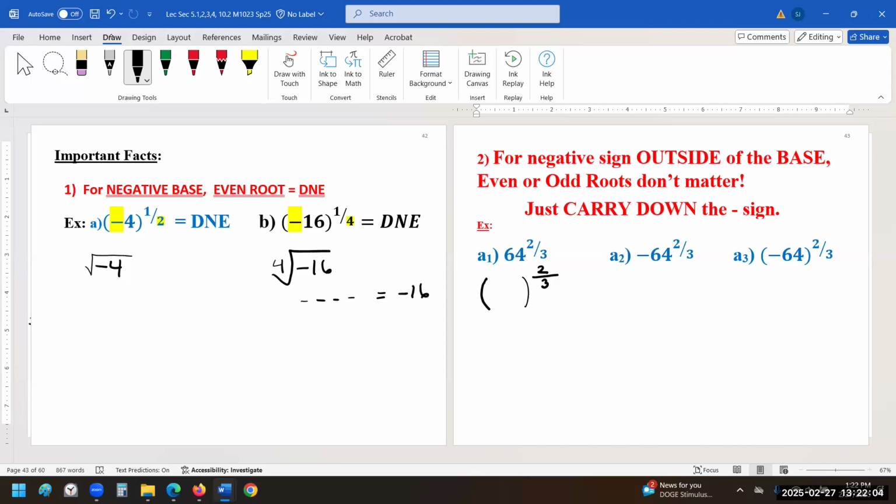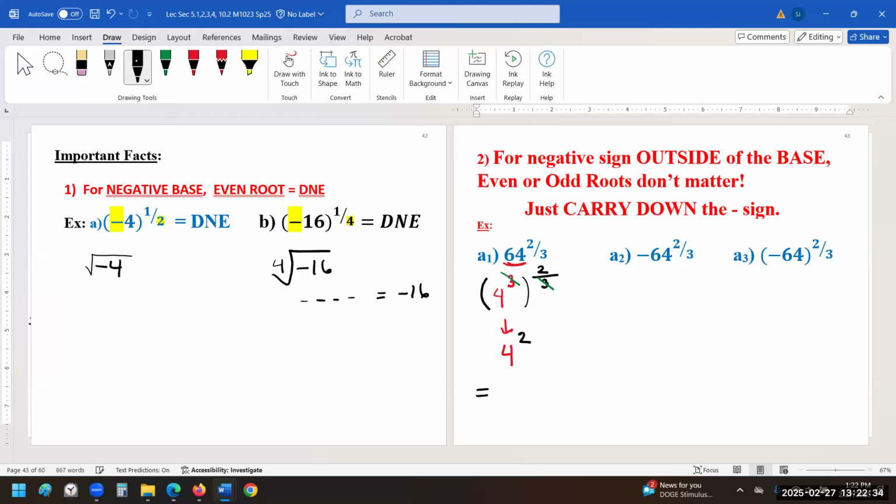So which number, if you multiply 3 times, turns into 64? 4, we already did that. So you rewrite 64 as 4 cubed. The 3 power and the 3 denominator cancel out. We have 4 inside, but this time, what power do we have left? 2.